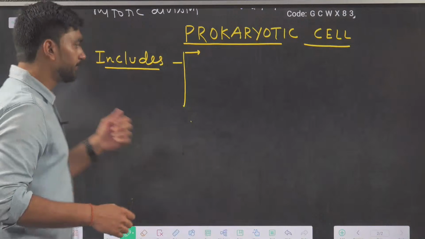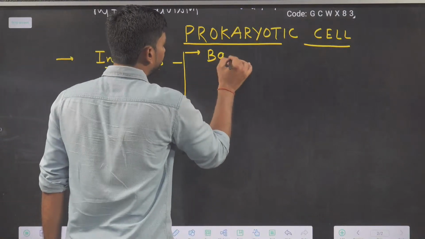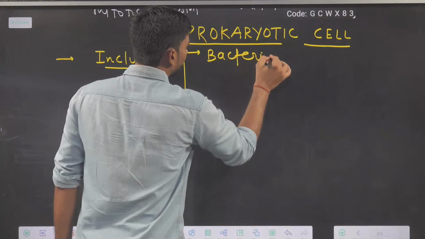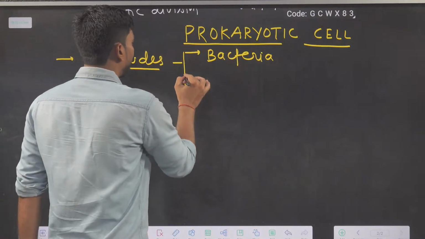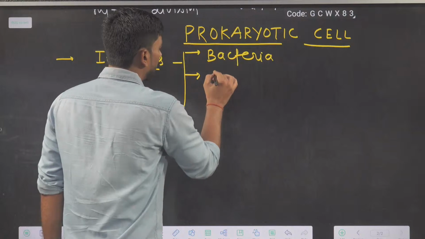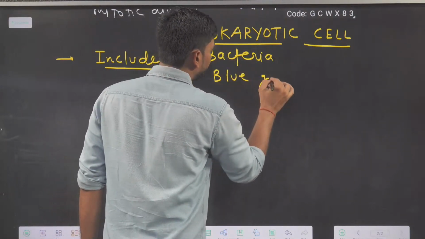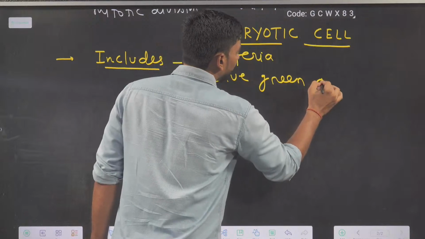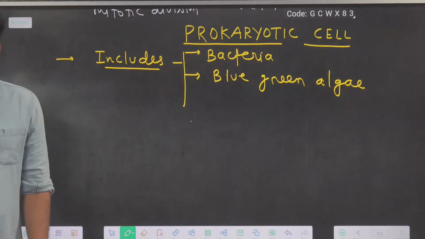So here it includes bacteria, or we can say eubacteria. One more is coming, that is the blue-green algae.